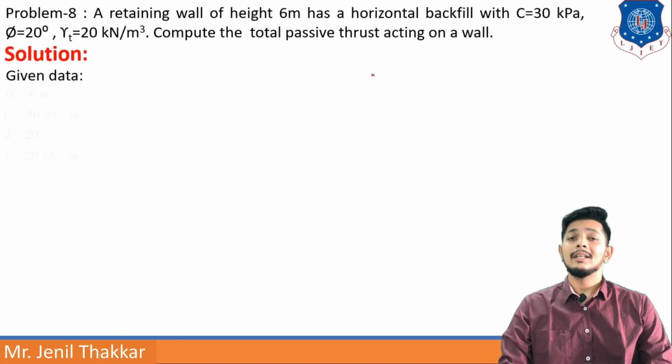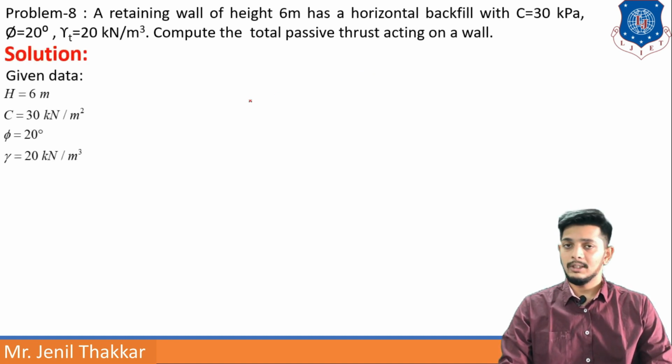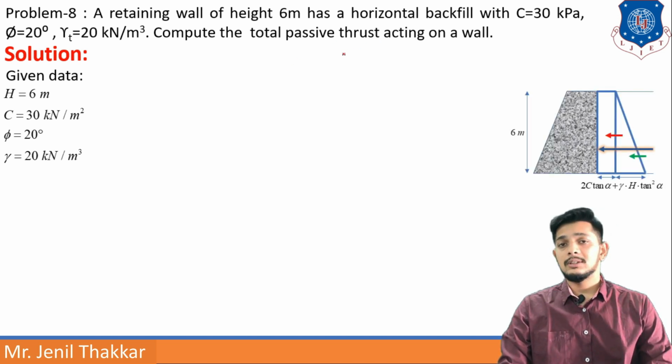Now let us write the given data first. H is equal to 6 meter, c is 30, phi is 20 and gamma is 20 kilonewton per meter cube. We are finding total passive thrust. If we see this diagram, we can clearly understand what we want to do. Here there is a retaining wall.